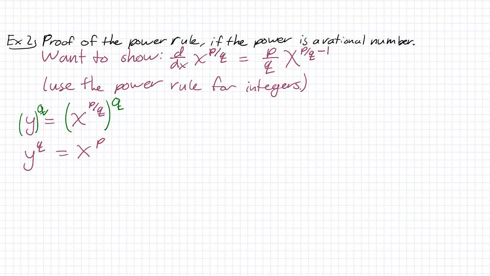Now, both sides of this equation are essentially different functions of x. The right side is the function f of x equals x to the power p. The function on the left side is implicitly a function of x because y itself really is also its own function of x. So we're going to do implicit differentiation here.